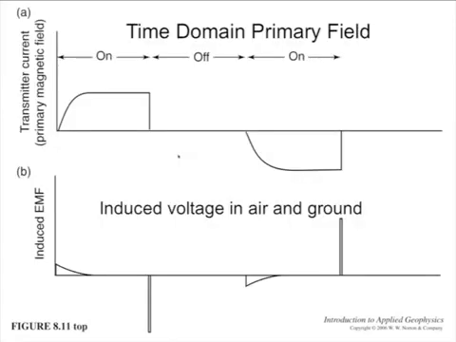All right. Now that's about frequency domain electromagnetic surveying. What about time domain? Okay. In time domain electromagnetic surveying, you have that transmitter current that shuts off suddenly, and the induced voltage in the ground, due to the eddy current, is going to be in the opposing direction.